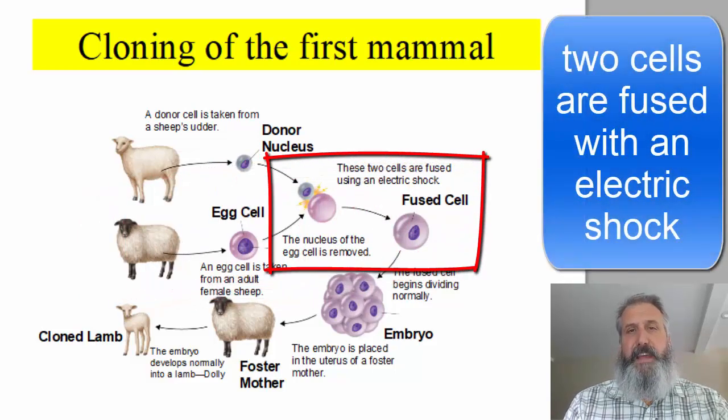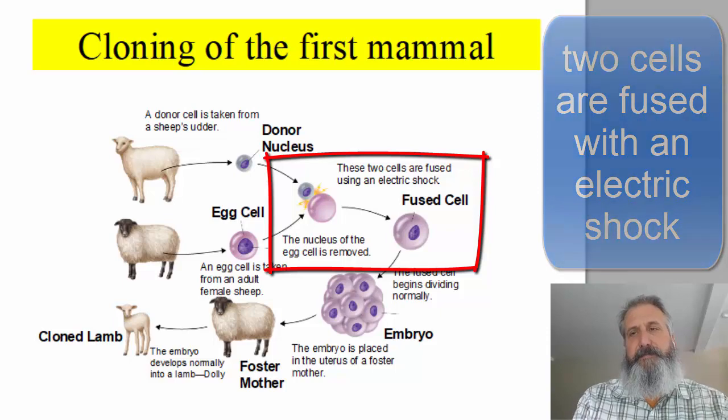The two cells are then fused. The original donor cell that has a nucleus with a complete set of DNA from one sheep, and the egg cell which had its nucleus removed. The cells are fused using an electric shock.